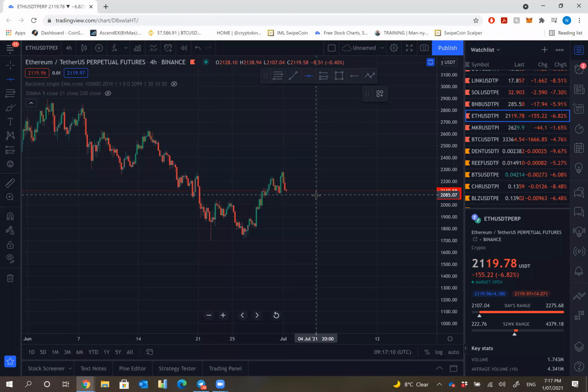This is because the computers or the bots pick these up as points where there's been price reversal, strong selling power or strong buying power. So the computers themselves put their buys and sells at these points. That's why there are always points in the market where you find, okay, why at this point is there resistance, or why at this point is there support?